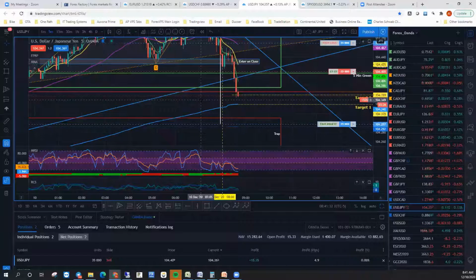Prior to where you have the enter and close there. Okay, there's our 7-pip target range. There's our profit.